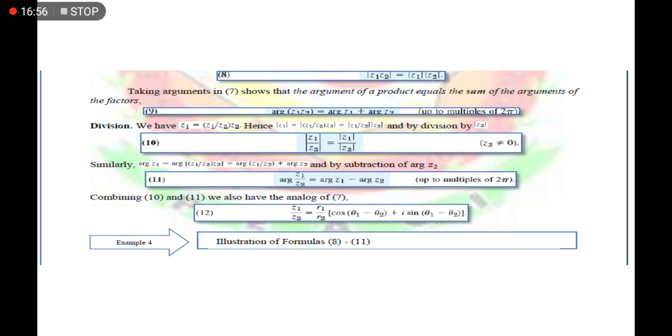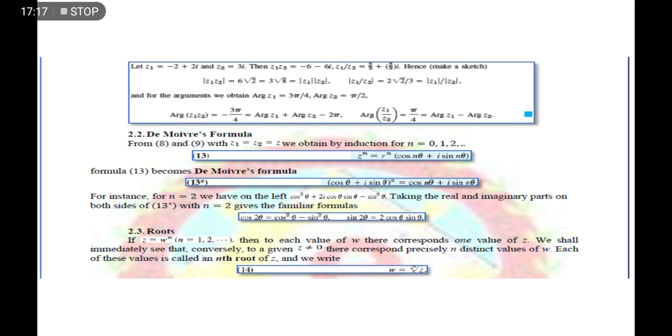And the same goes for division: the absolute value of z1 over z2 is equal to the absolute value of z1 divided by the absolute value of z2. We have examples here, please refer to them.